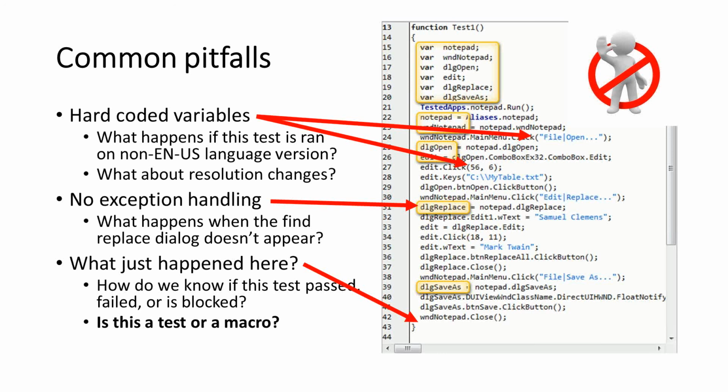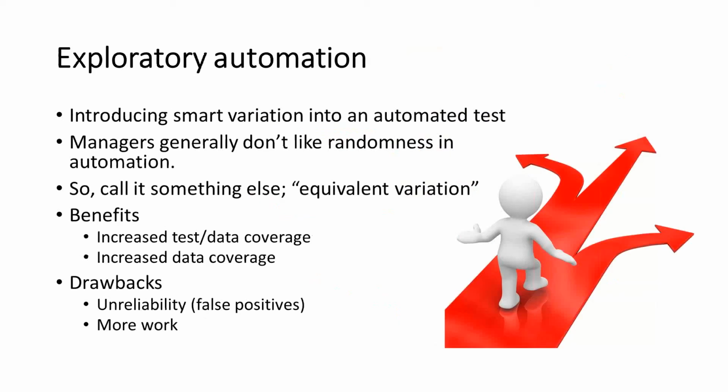This looks surprisingly like many of the macros that we would write back in Windows 3.0 and 3.1 days, where Windows has a macro recorder, and it would simply record a set of steps for something that you wanted to do, some program task that you wanted to do over and over and over again. You could record a macro, and it just executed those steps blindly. And that's the thing that popped into my mind when I was looking through this code: this really looks like a macro. It doesn't look like a test to me at all.